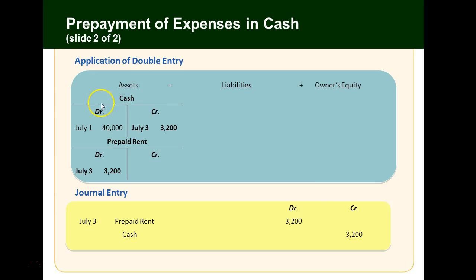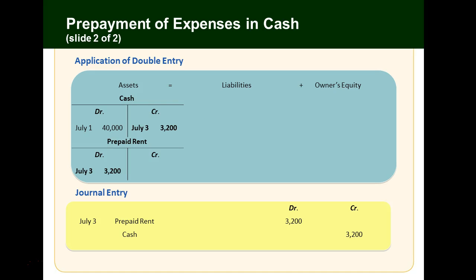We increased an asset for $3,200, and we also decreased an asset for $3,200. But do our assets still equal our liabilities plus our owner's equity? Yes. Before this transaction, our assets equaled our liabilities and owner's equity. And after this transaction, do you see all we did was increase one asset and decrease another asset? They still balance, don't they?